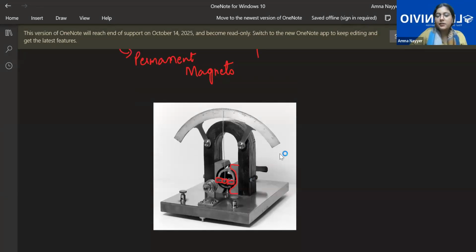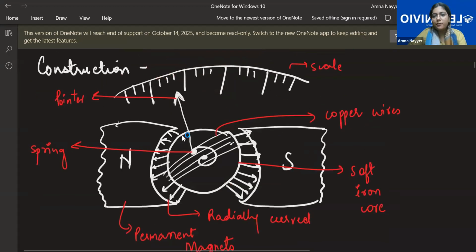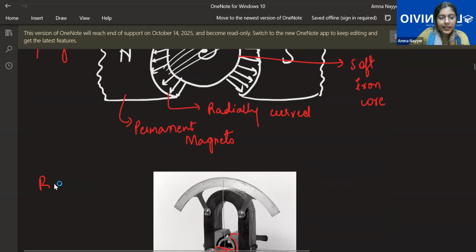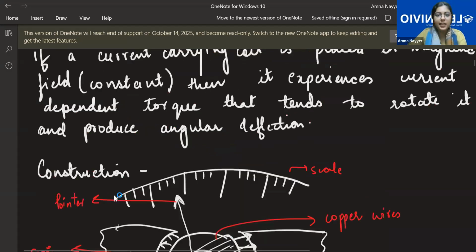So what happens here is, you have to remember, when there are magnetic field lines present, and especially the curved magnetic field lines, magnetic field lines give rise to magnetic moment, and magnetic moment will give rise to torque. But this will only exist when you have a current. Let me tell you this principle.